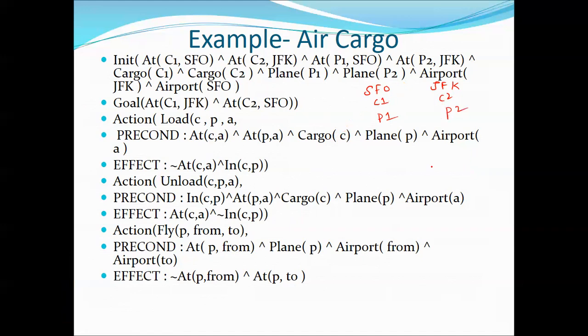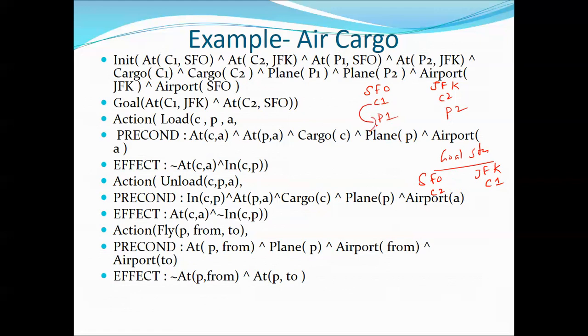What is the goal state? This is our goal state. Cargo C2 should be in SFO and cargo C1 should be in JFK. That is the goal. So if you want to do that, then what should happen? First, this cargo should be loaded into this plane.